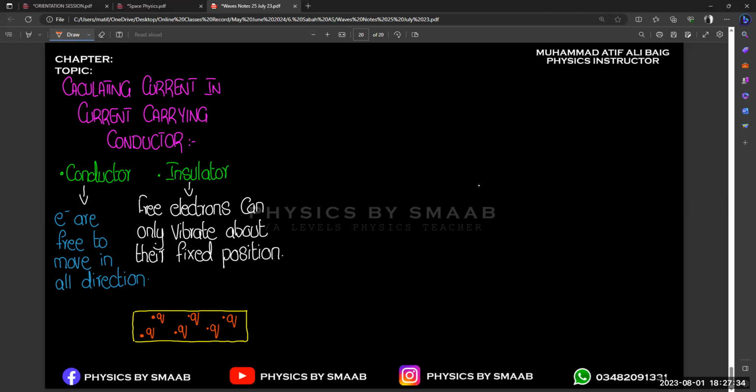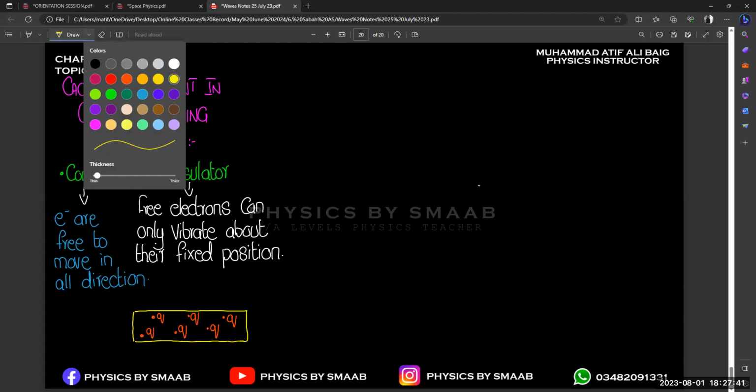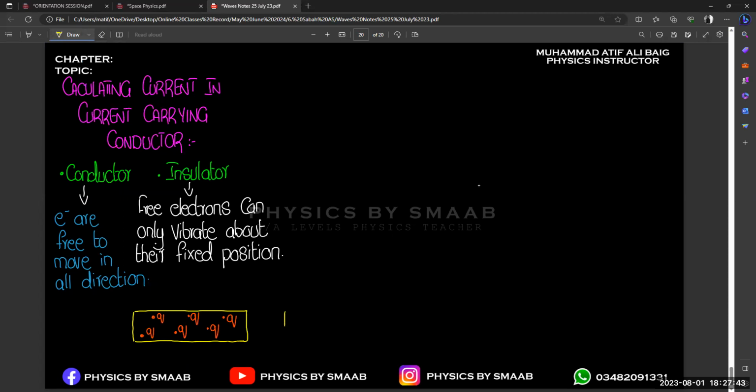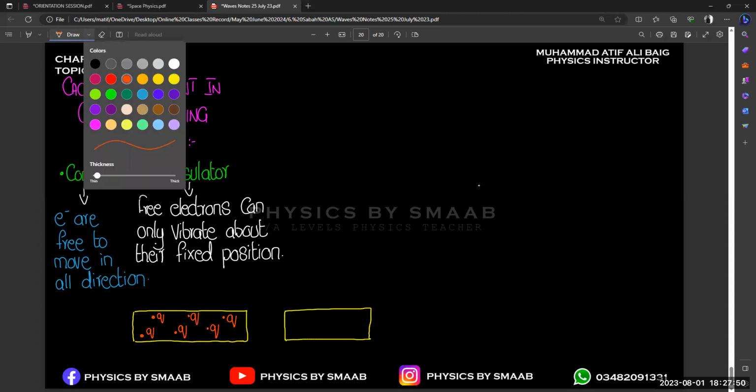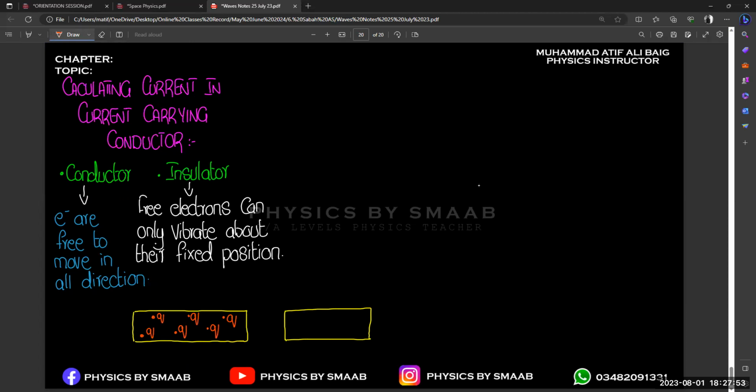So these are some charges which are going to move, right? So if we consider another example of the same conductor, and in this example, we are also going to mark the charges, but this time we have negative charges, negative, and negative, right?